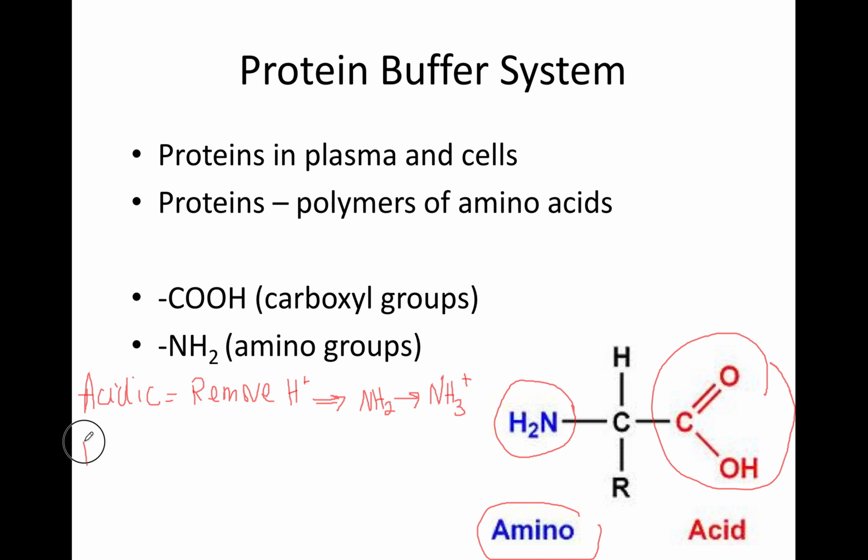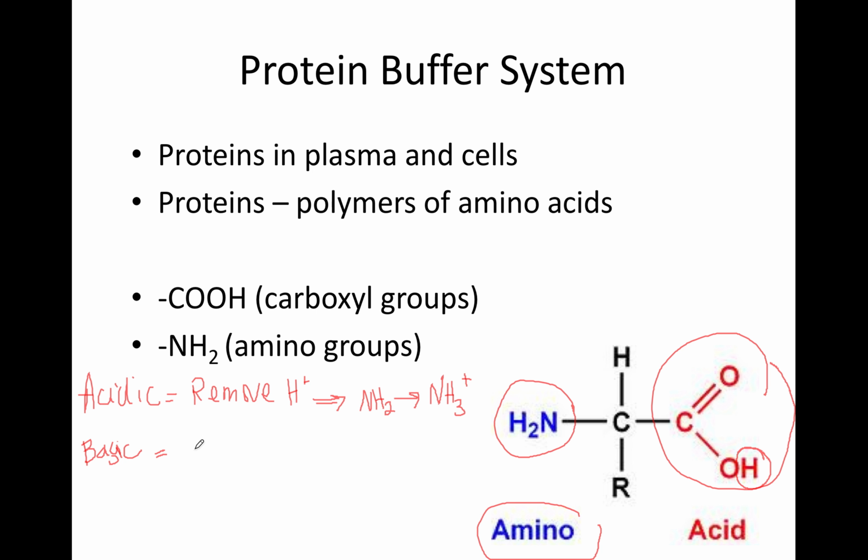However, if you have a basic scenario, or you're suffering from alkalosis, you want to release more hydrogen into your system. So for that, you're going to target the hydrogen associated with the carboxyl group.